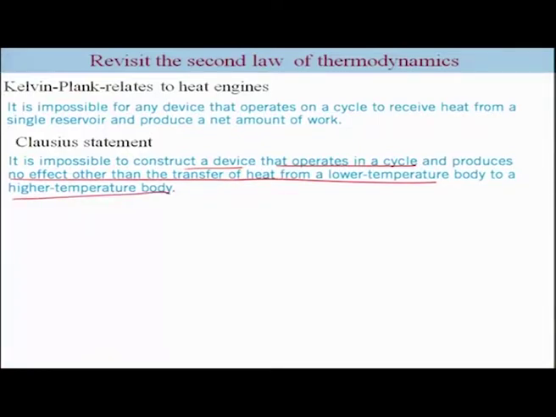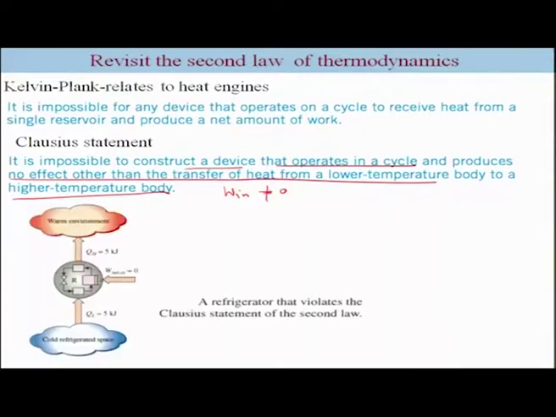So, it simply means that W in cannot be 0 for the case of a refrigerator. Such a scenario violates the Clausius statement of the second law.